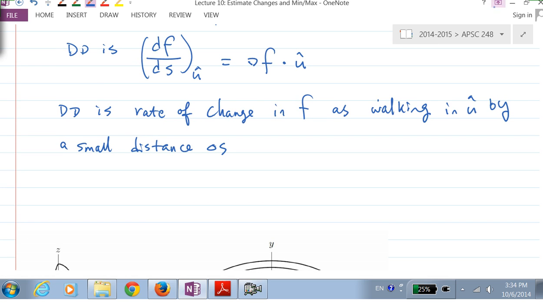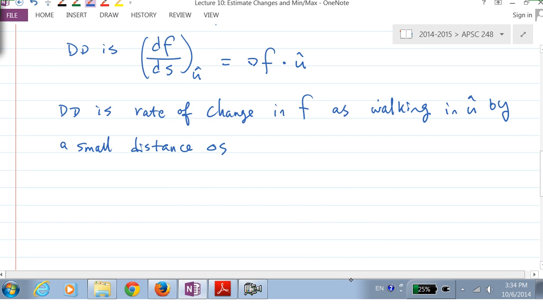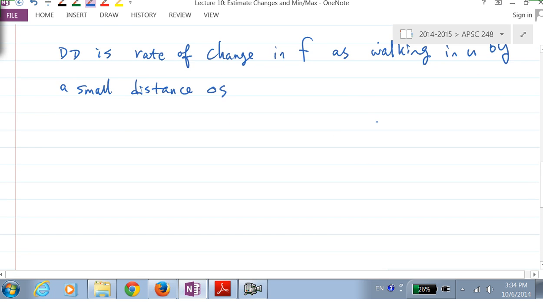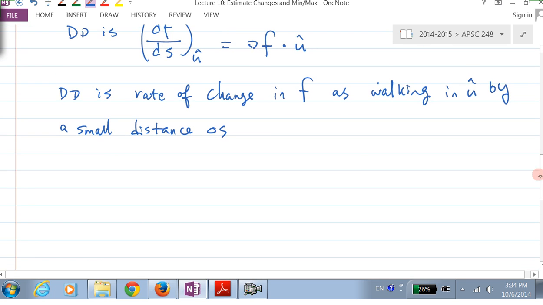As you remember, when we draw the diagram, essentially you have a surface f here, then you have a point here, and then you walk in the u hat direction, by how much? Maybe by a delta s.